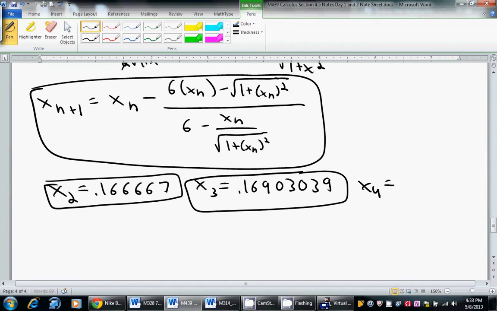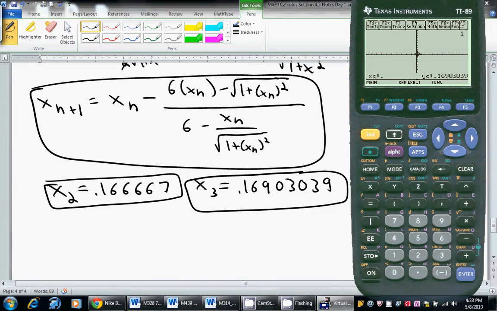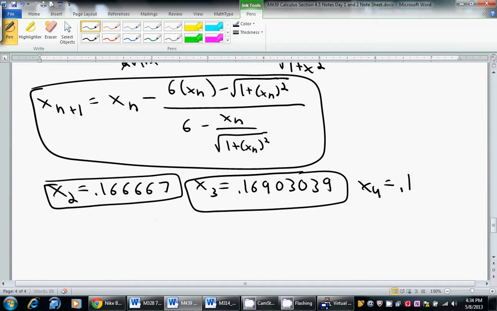Let's find the fourth guess. So let me plug in 0.16903039 and hit enter, and I get 0.16903085. There's my fourth guess.